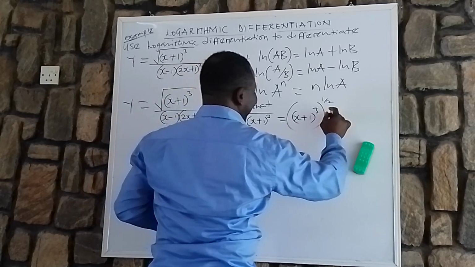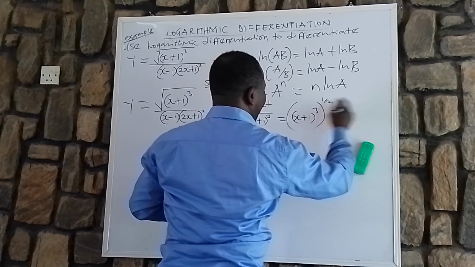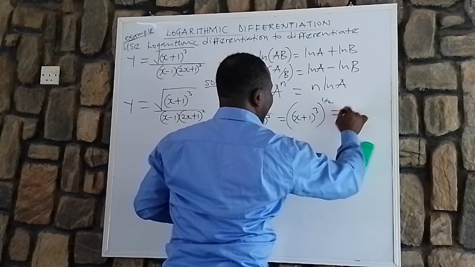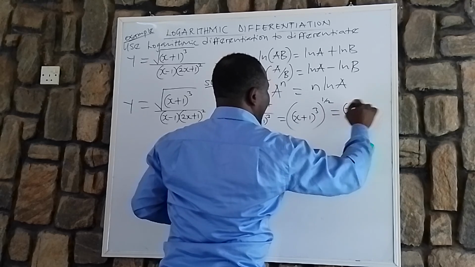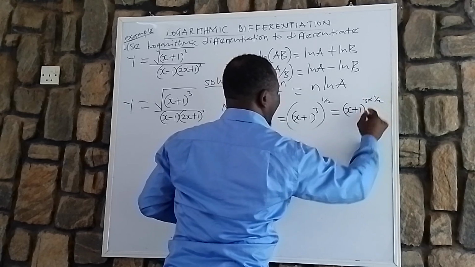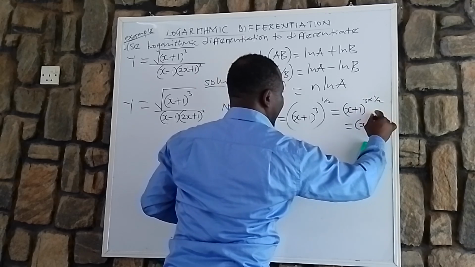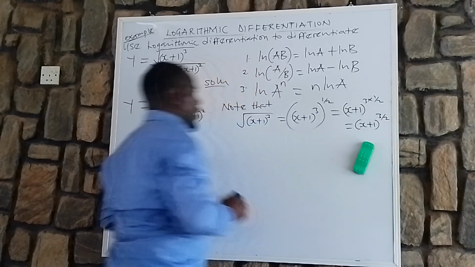Then we apply the power law here: x plus 1 raised to 3 times half, which is x plus 1 raised to 3 over 2. Is that clear?